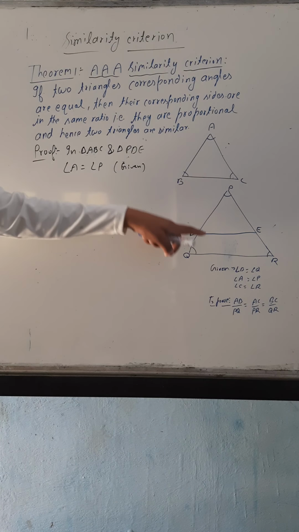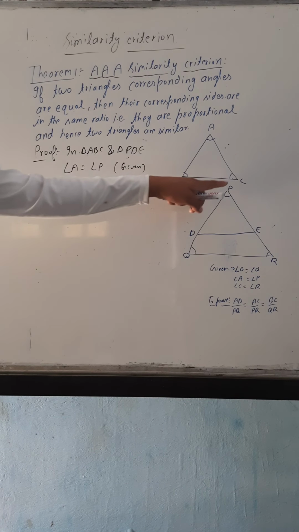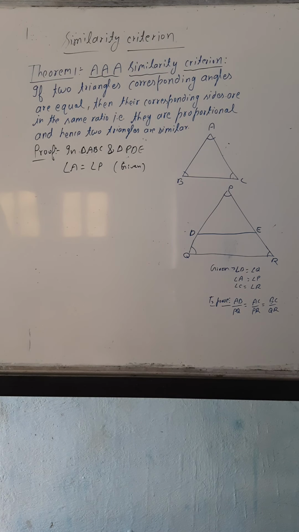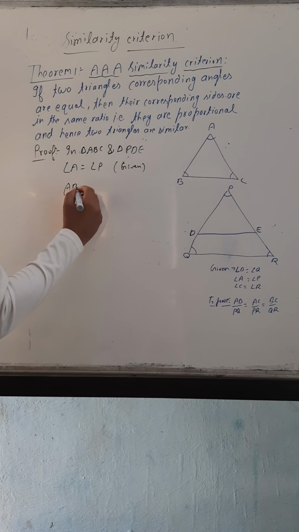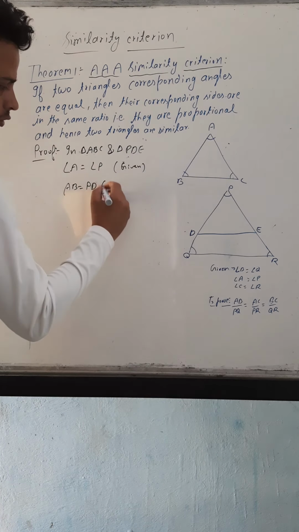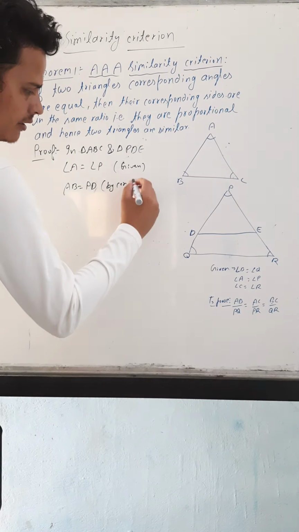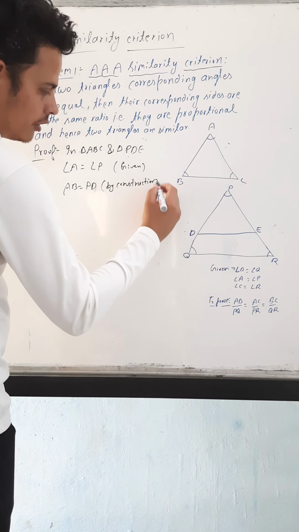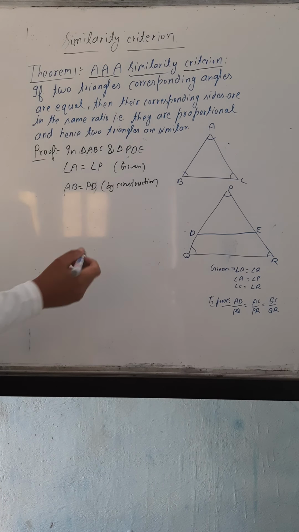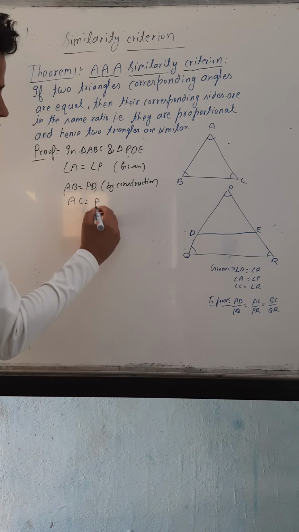We have drawn this line in such a way that AB becomes equal to PD. So you can write here by construction. Similarly, AC is equal to PE. This is also by construction.